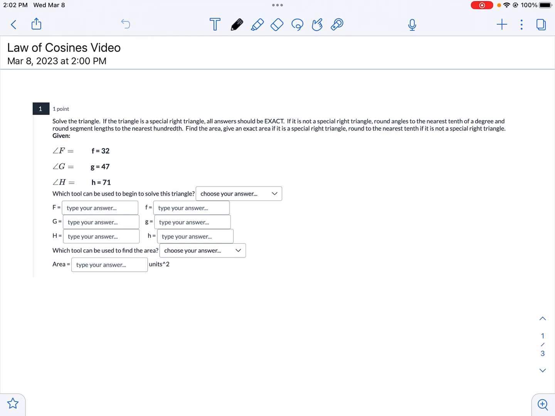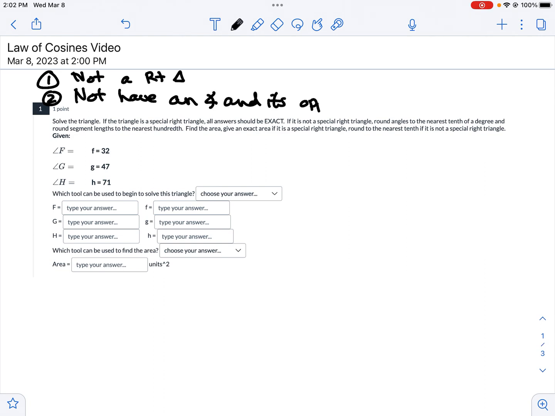You are going to use the law of cosines when you do not have a right triangle and you do not have an angle and its opposite side.